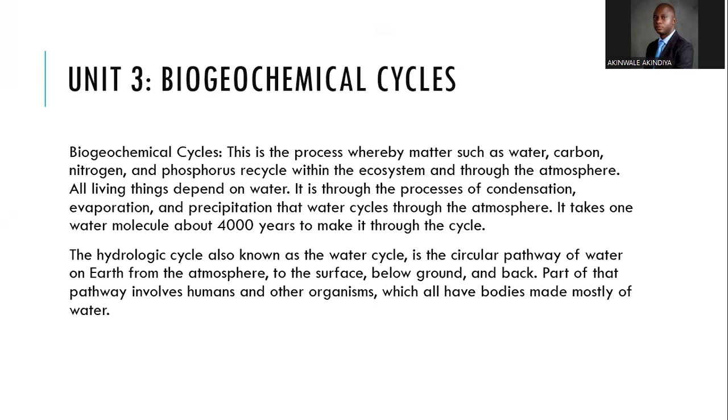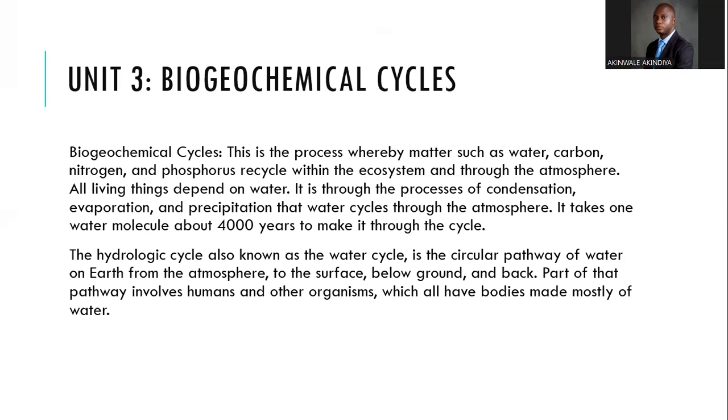You have the sun shining its rays upon oceans, streams, and ponds, and the water evaporates and becomes gas, going back to the atmosphere. After some time, the gas condenses again as rain, and so the cycle continues. The same thing with nitrogen, phosphorus, and so on.